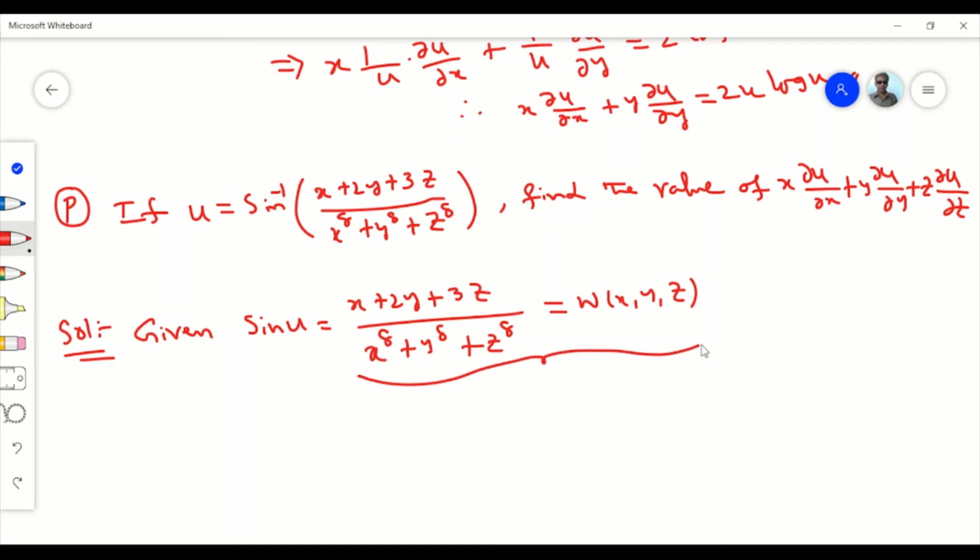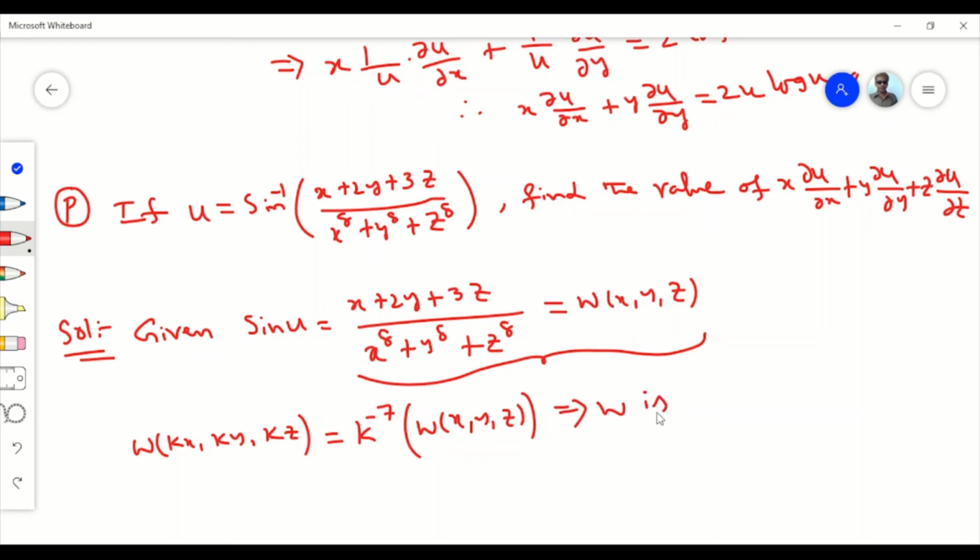Clearly w of kx, ky, kz is k power minus 7 into the same thing, so it is k power minus 7 w of xyz. So this implies w is homogeneous of degree n equal to minus 7.